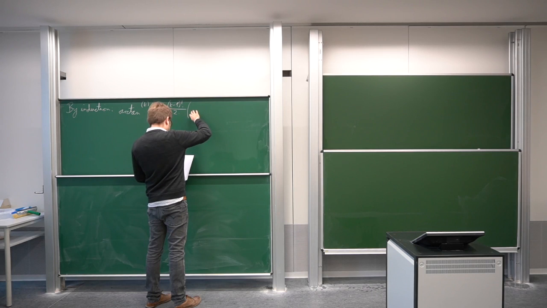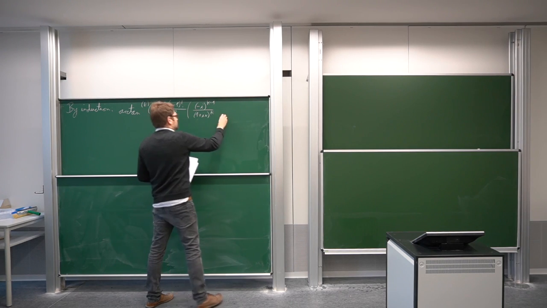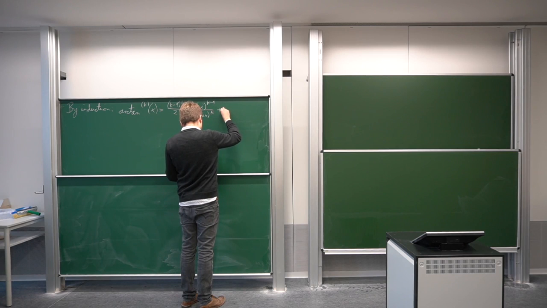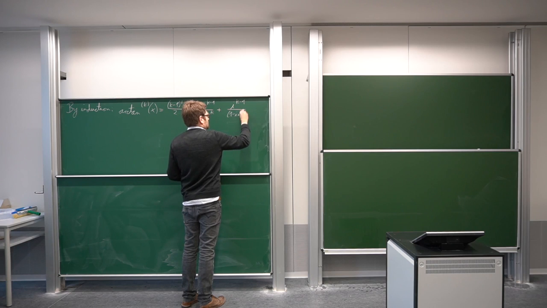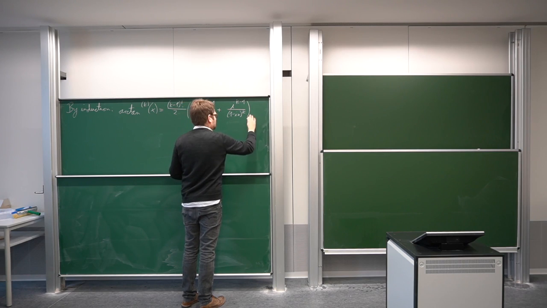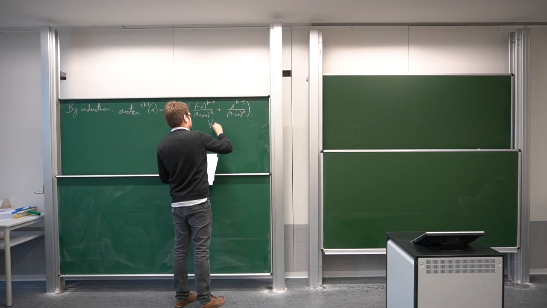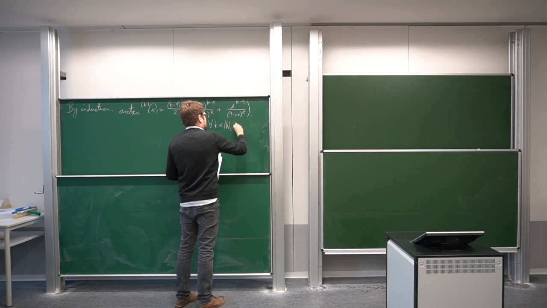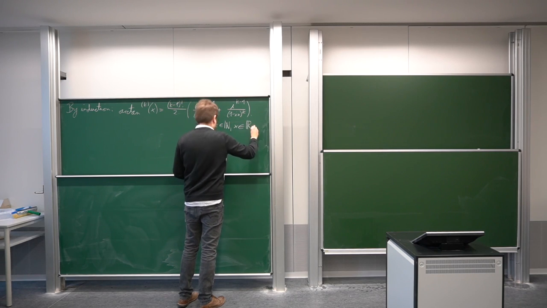And inside we get minus i to the power of k minus 1 divided by 1 plus ix to the power of k, plus i to the k minus 1 divided by 1 minus ix to the power of k. So this again holds for all k and n, and for all x in R. Okay.